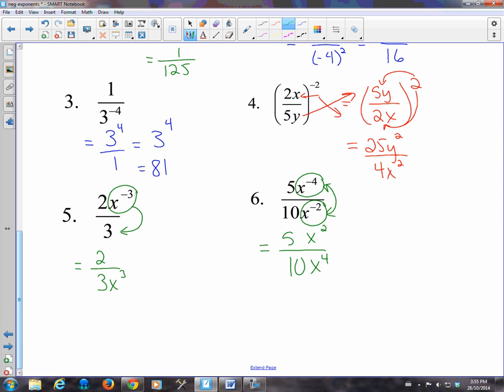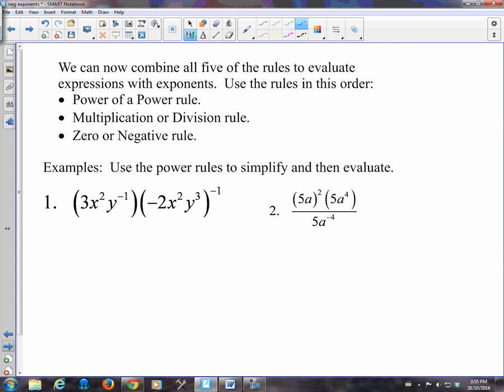Flip them around and make them positive. And then we can simplify. 5 goes into 10 twice, so I actually have 1 over 2. And if I have x squared on the top and x to the 4th on the bottom, I have more x's on the bottom. So I would have 2 more x's on the bottom, so I'd have 1 over 2x squared. So the negative exponents get a little trickier with all this flipping around.